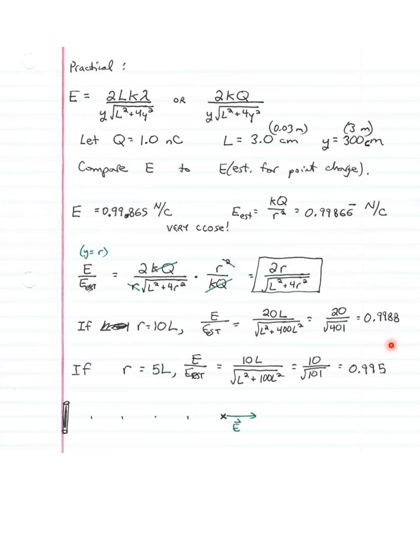If the line is 3 centimeters long and we're only 50 centimeters away, 5 times the length of the line, then that ratio becomes 0.995. Depending on how precise we need to be, if we need to figure out what the electric field is, we can just use the simpler point charge estimate, treat it as a point, and we're going to lose some accuracy, but we're still going to be 99.5% accurate.